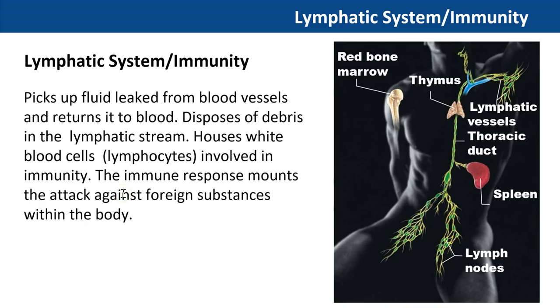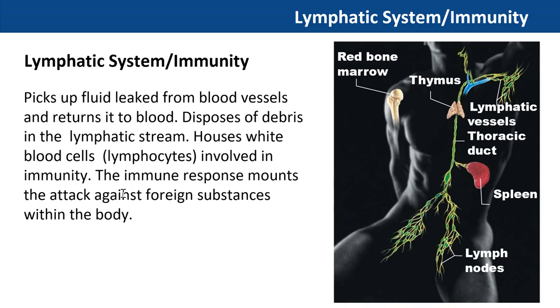Next is the lymphatic system. Its organs include lymphatic vessels, lymph nodes, and other lymphoid organs such as the spleen, tonsils, and thymus. Their job is to pick up fluid leaked from blood vessels and then return it to the blood.